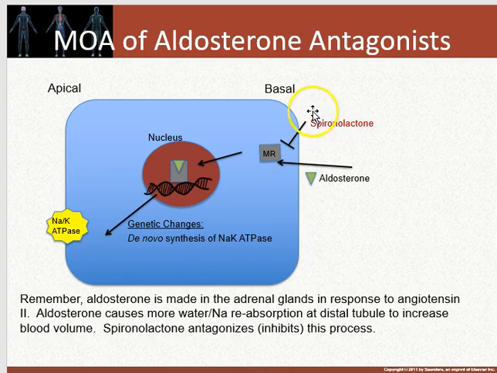And so drugs that are aldosterone antagonists, such as spironolactone, inhibit the binding of aldosterone to its receptor. Spironolactone is a competitive inhibitor of aldosterone at the mineralocorticoid receptor.